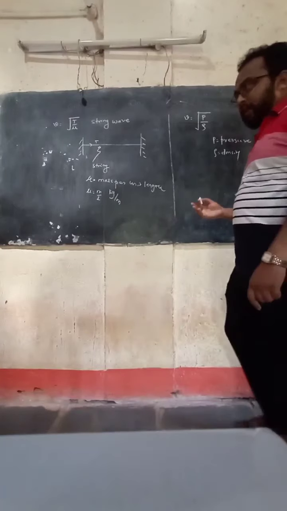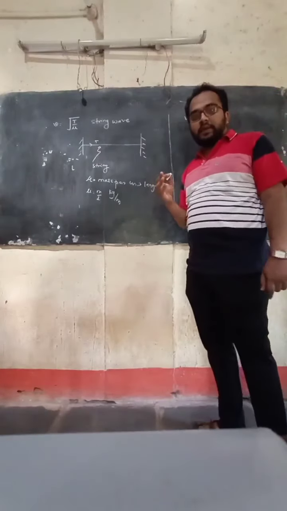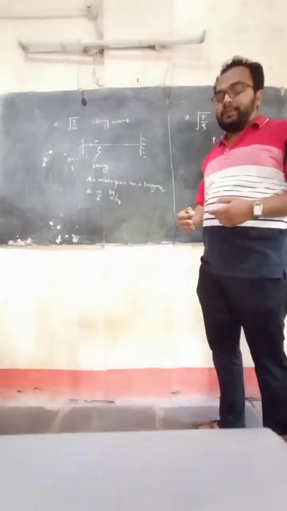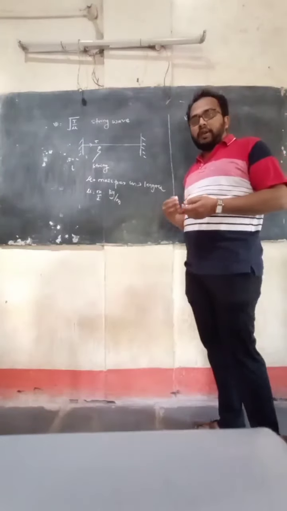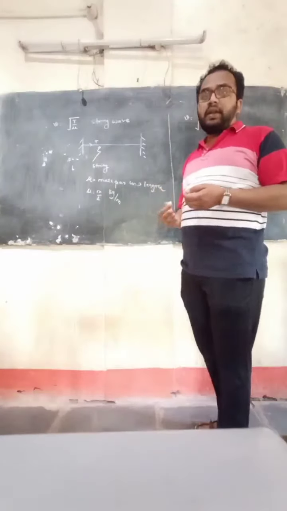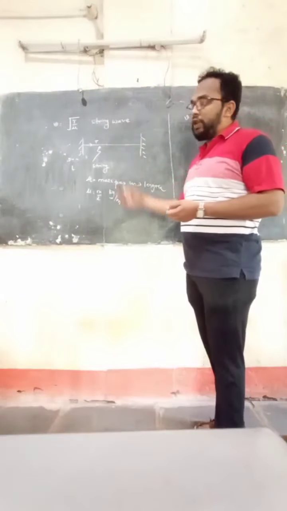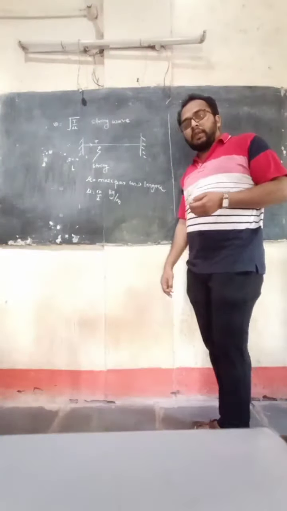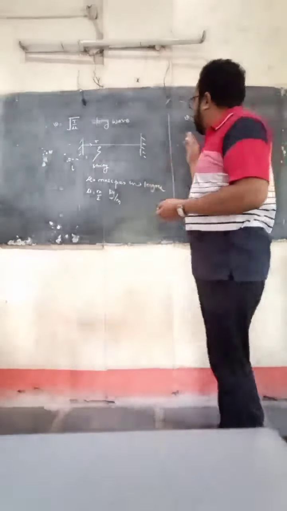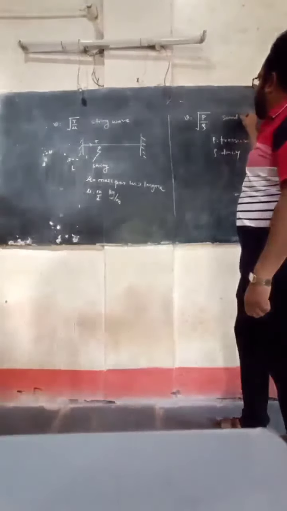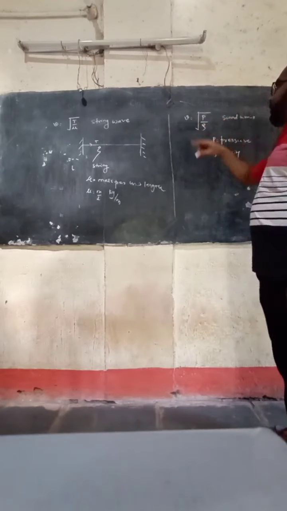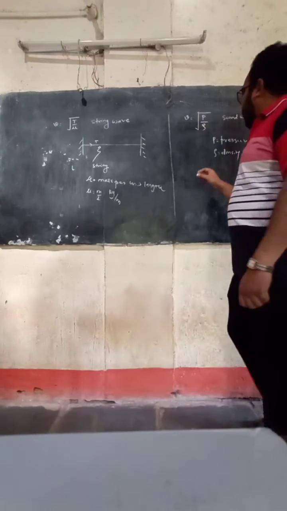Because we have seen that sound wave requires a medium for its propagation, but in case of string wave or in case of light wave, it does not require any medium for its propagation. That is, the velocity of light wave is maximum in vacuum and velocity of sound wave is maximum in solid. So this is the velocity for sound wave.